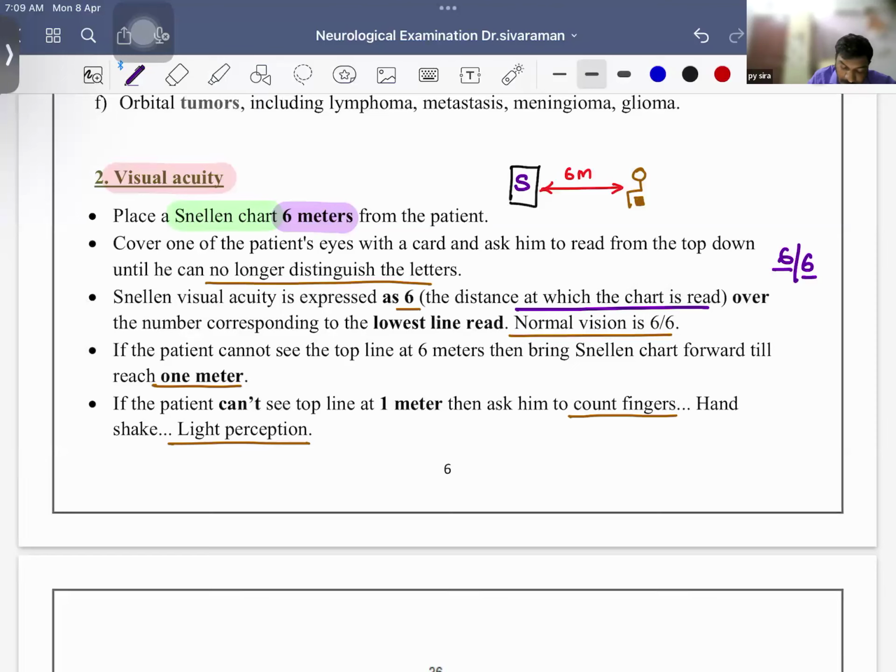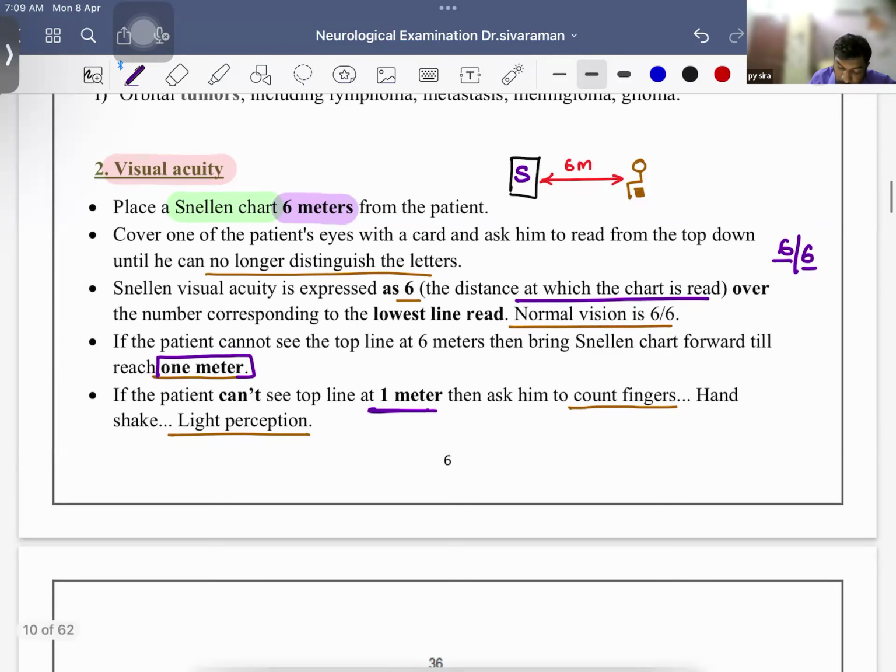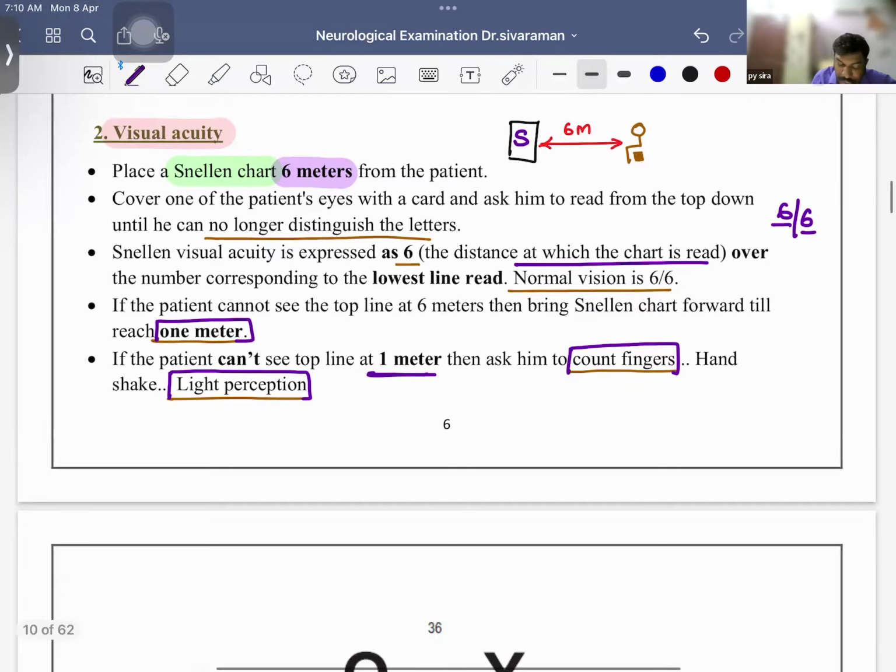If the patient cannot see the top line, then bring the chart a little forward by 1 meter. If the patient is not able to read it at 1 meter, then you go for counting fingers. When the patient is not able to count fingers, then you show light and check whether light perception is present or not. So this is your visual acuity.